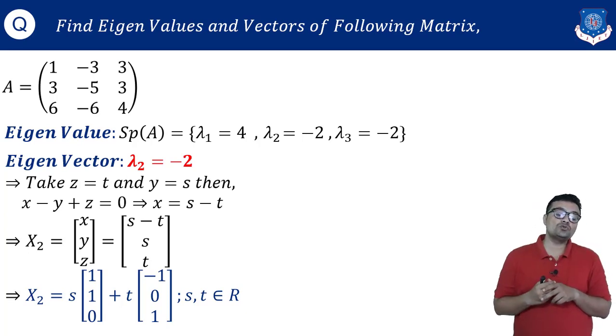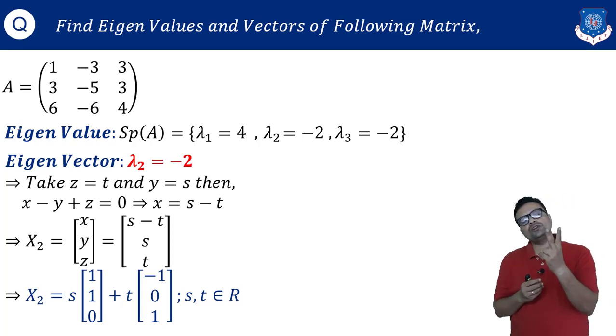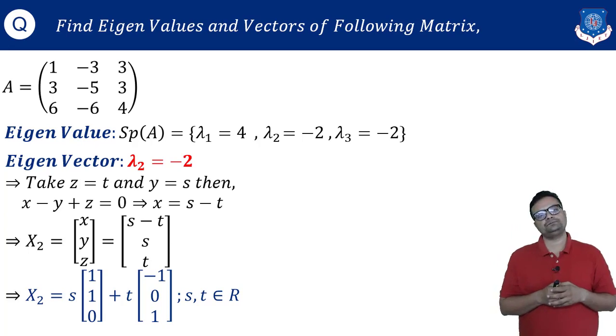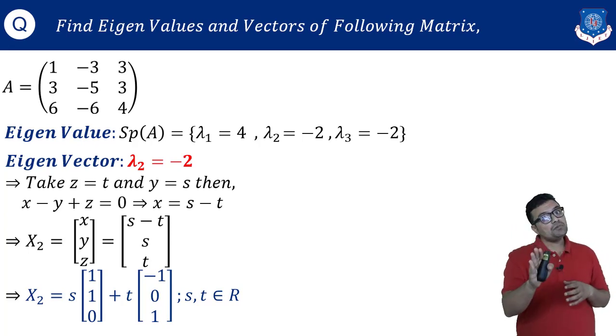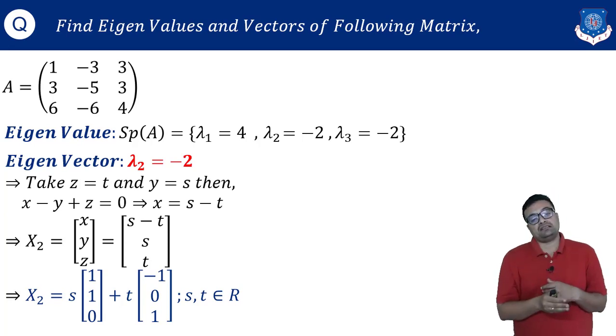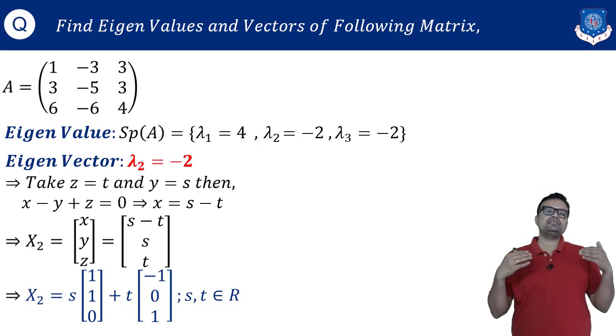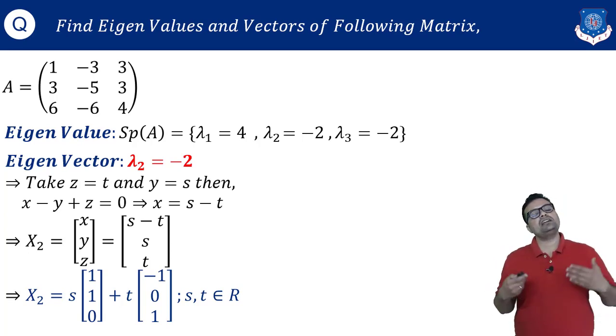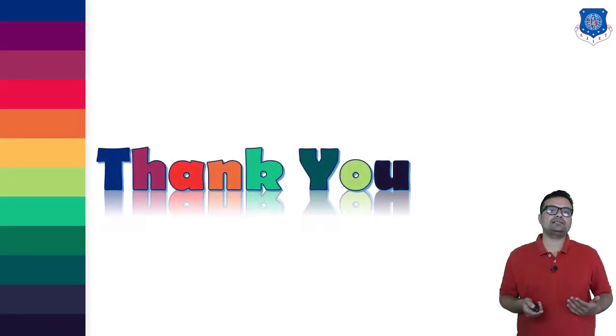Geometric multiplicity is 2 because there are 2 different vectors in the set of eigenvectors. It may happen that algebraic multiplicity is 2 but geometric multiplicity is 1. It may happen.